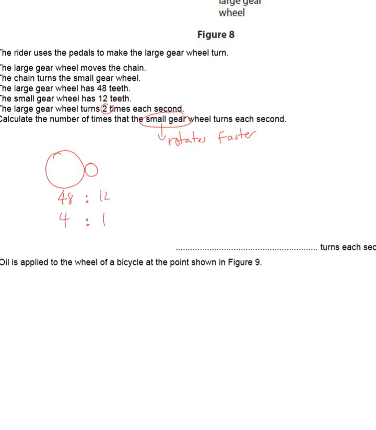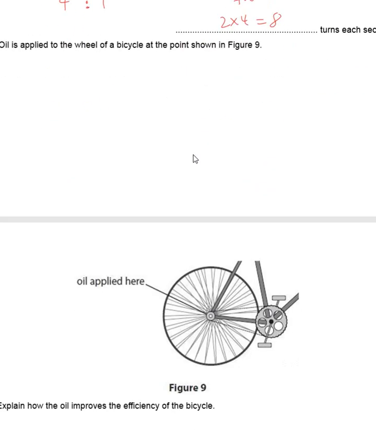So 4 times, therefore this rotates 4 times. So if large turns 2 times and small turns 4 times, therefore 2 times 4 is 8 times. Okay, that's how we get it.